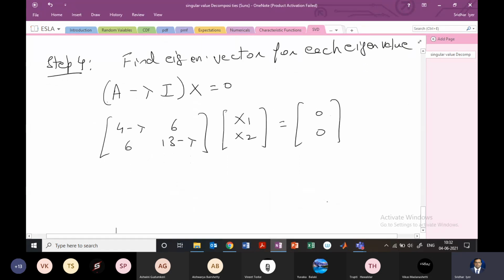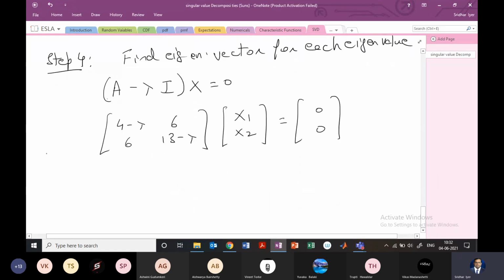So you need to find the two eigenvectors, right? The first one is you find the vector when lambda 1 is 16, and the second one you solve when lambda is 1.